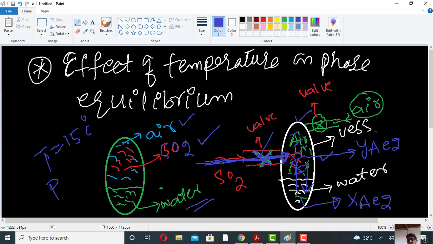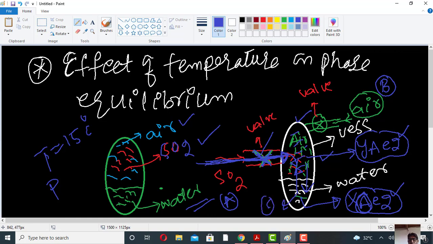These are the equilibrium concentrations in the air and water during experiment number 2. Remember, A is for the component sulfur dioxide. Suppose B is for component air, A is for sulfur dioxide, and C is for the water.